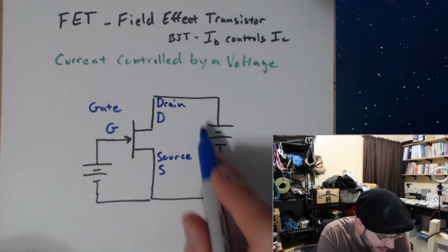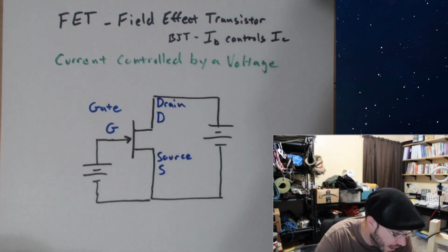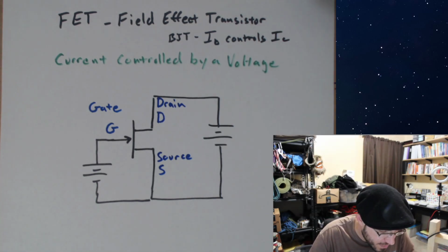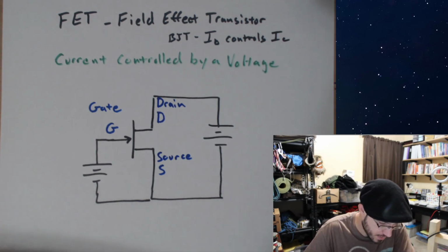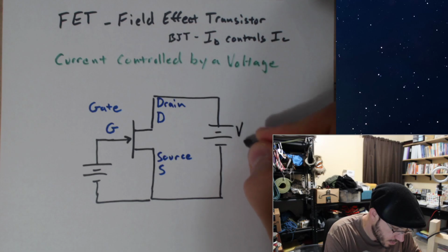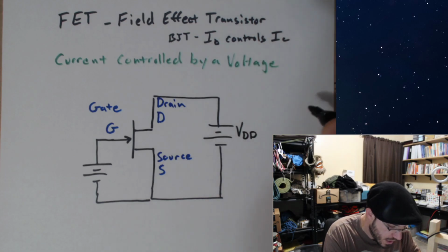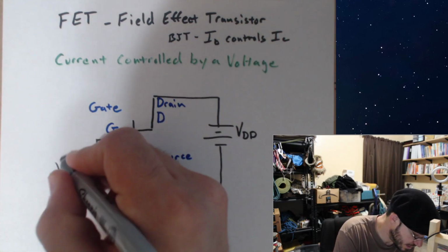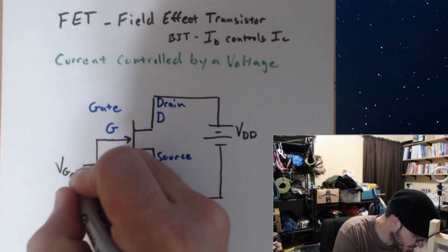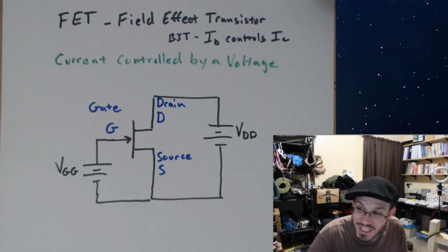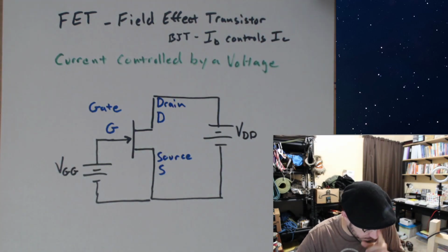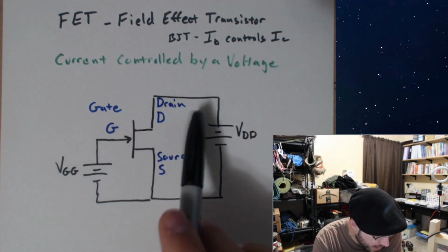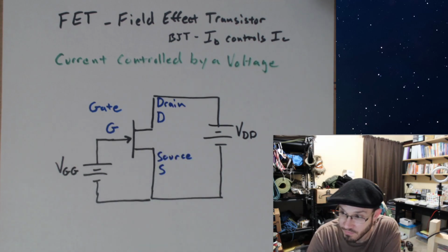Okay, and if we apply a voltage to the drain, then we know that as VDD. And the voltage applied to the gate will be known as VGG. The names are just different, just to confuse us, basically.